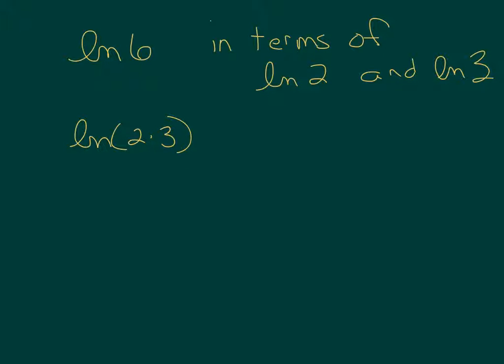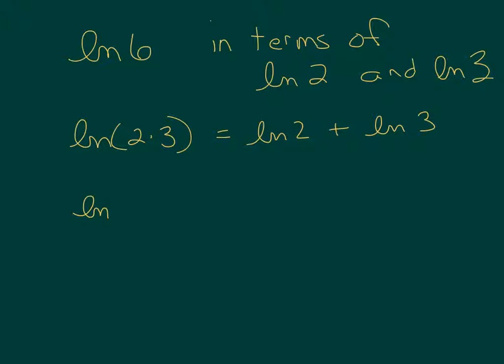So if I have the natural log of 2 times 3, I could rewrite this as the natural log of 2 plus the natural log of 3. And I think you'll have some problems on your homework where they tell you what the natural log of 2 is and the natural log of 3 is. So if you knew that, you could add those two values together to get the natural log of 6.